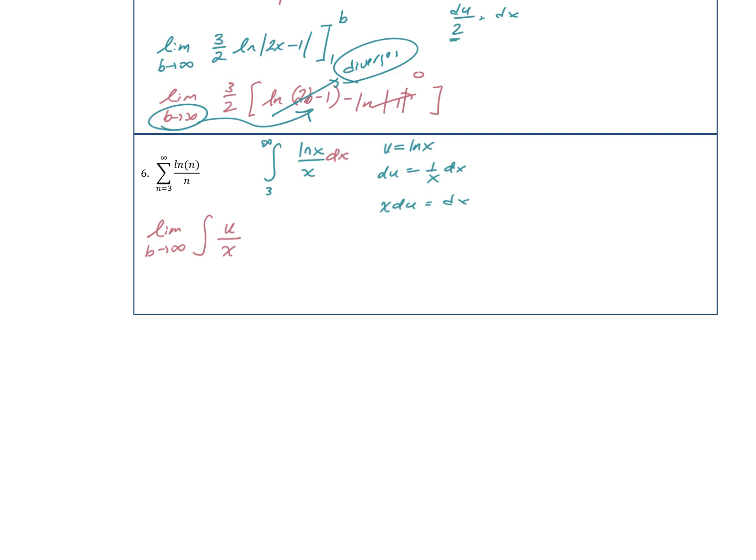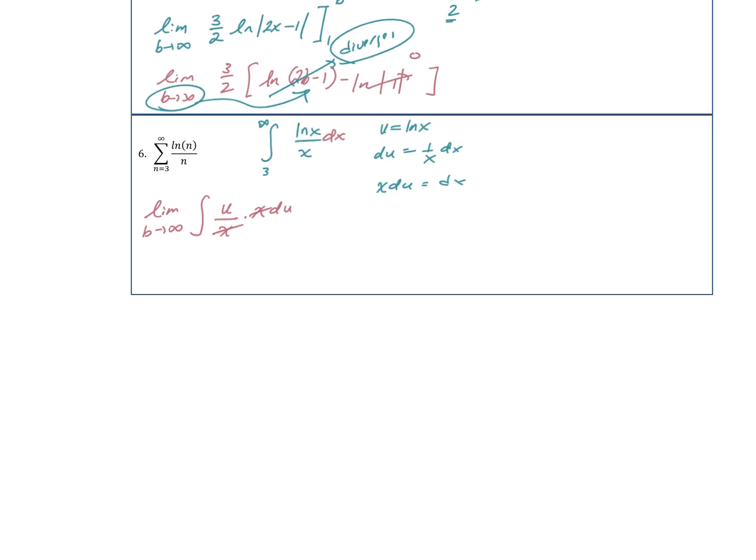So for dx, I'm going to plug in x du. Those cancel. So now we can integrate. We're going to get u squared over 2, but u is ln of x. So I've got the limit as b goes to infinity. So it's u squared over 2. I'm just going to do it as ln of x squared over 2, and then plug in my bounds. So 3 to b.